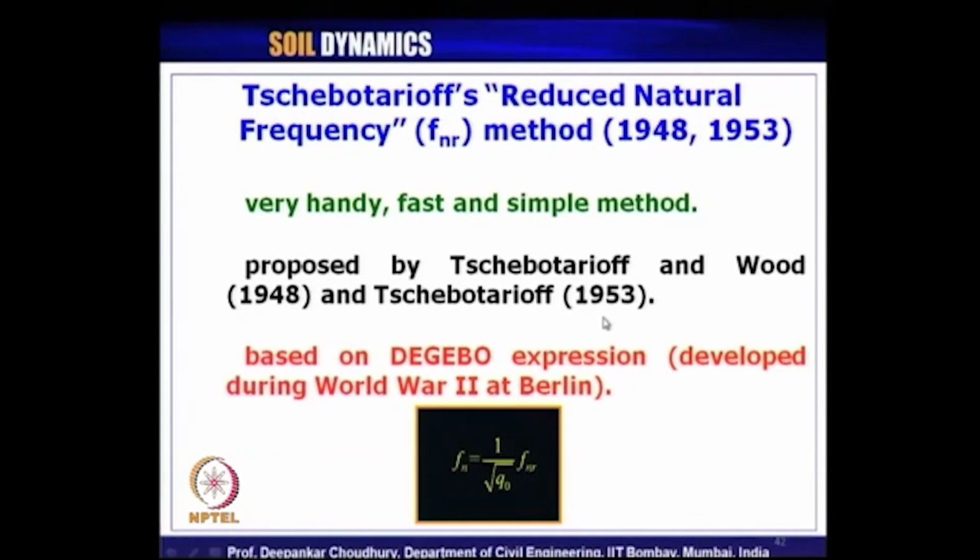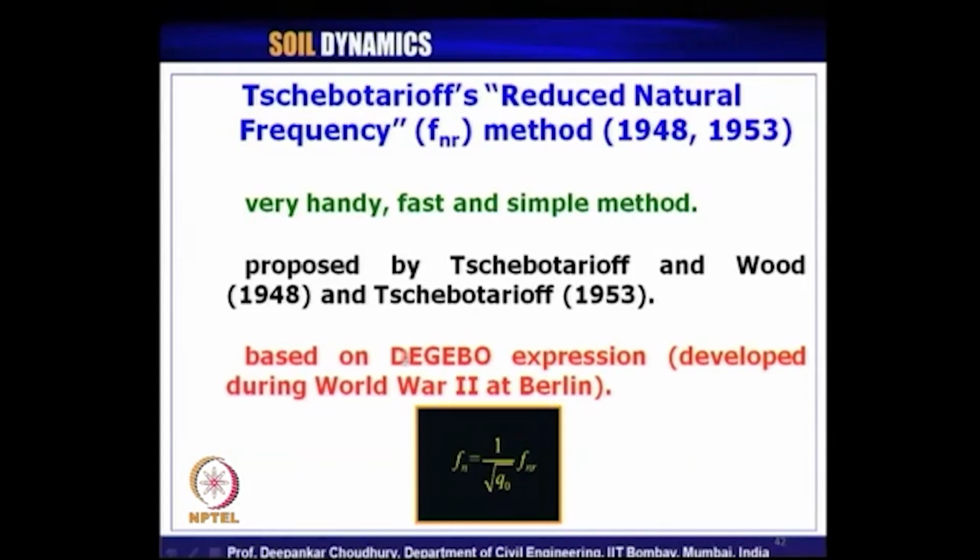And what was the basis for formulating this semi empirical method? The basis was the Degebo expression. Degebo is the short form of an agency. It was operational during the Second World War at Berlin.